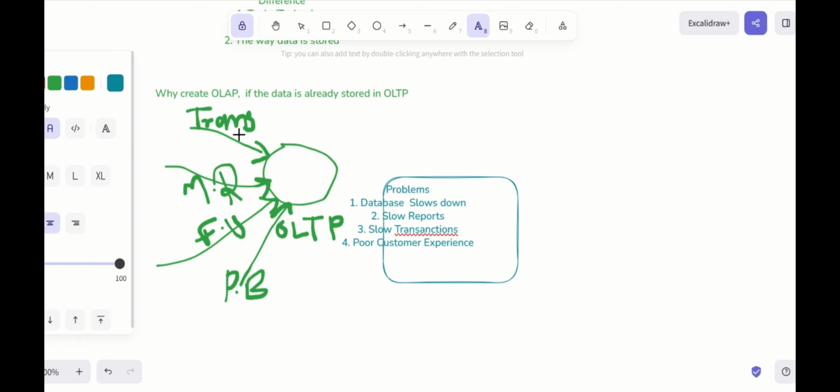Also, since all these activities are happening in the same database, the server cost increases. There will be higher server cost, because all these activities consume what we call compute power.